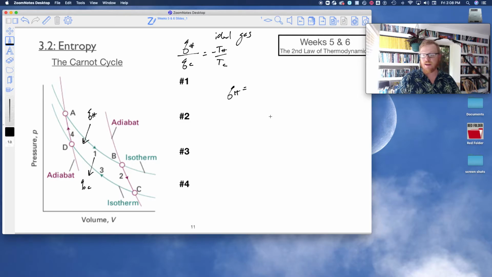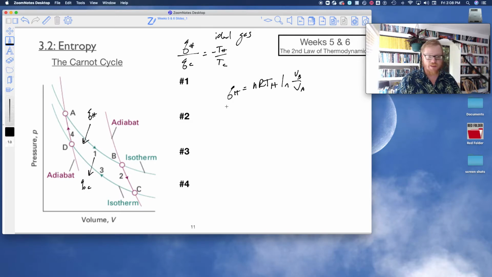is going to be the opposite of work, okay, for isothermal reversible expansion. The work for isothermal reversible expansion is nRT natural log V. So that means the Q is just a positive version of that, which is nRTH natural log of the final over the initial, VB over VA.